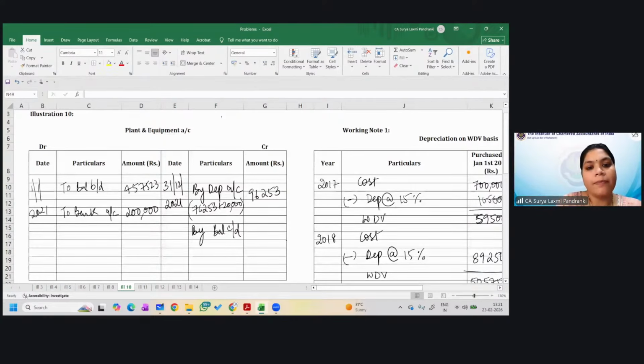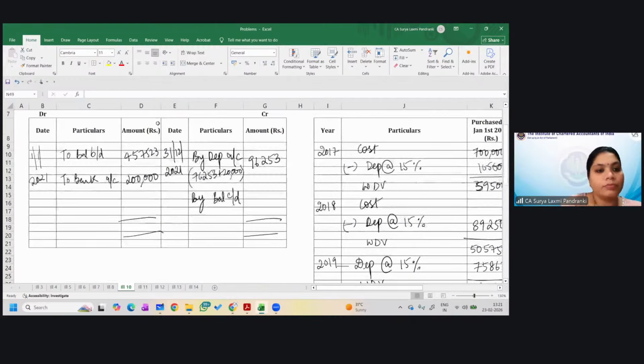So what is the balancing figure? Quickly tell me the balancing figure also. 561,270. Okay. The balance brought down will be 561,270. This will be on 1/1/2022.